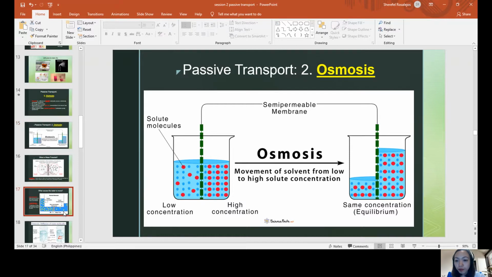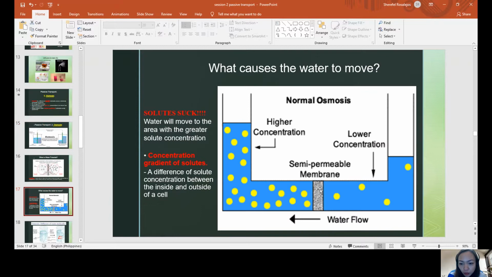Okay, here. You can see, in the normal osmosis, which area has the higher water potential? This area this time has low water potential, because there is little solute here. If there is little solute, its water potential is high. Right? If there is a lot of solute, its water potential is low.